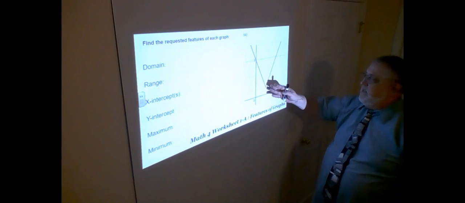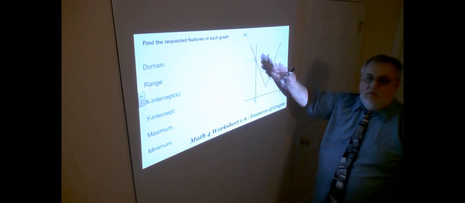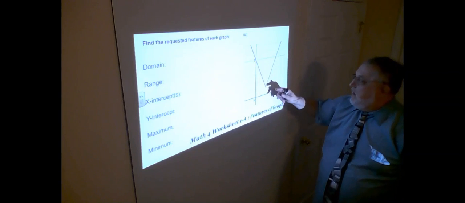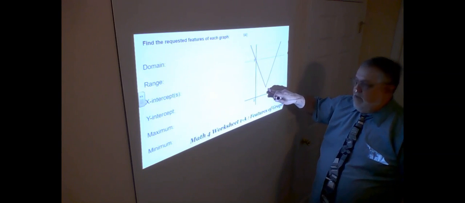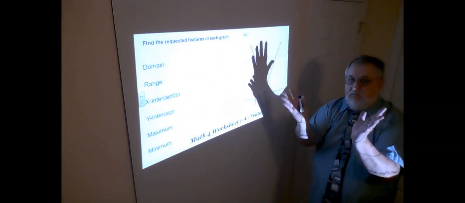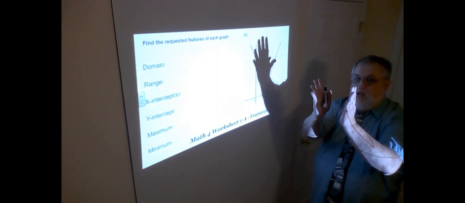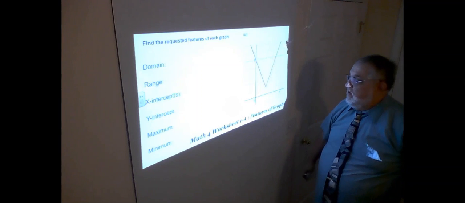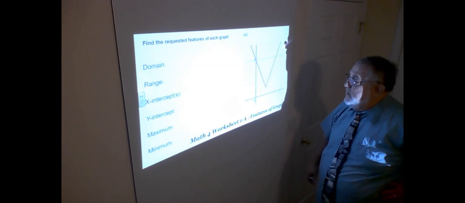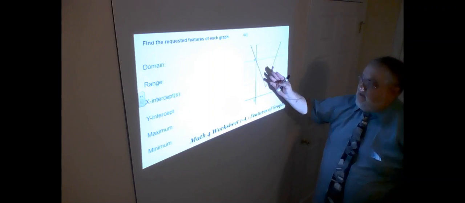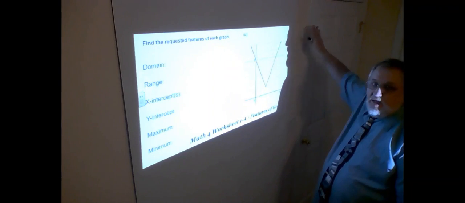Now, here, this is an absolute value function. It's actually more like the absolute value of 2x because it's not as much of a V. It's stretching more than it ought to. But in any case, we know that it's going that way forever and going that way forever.